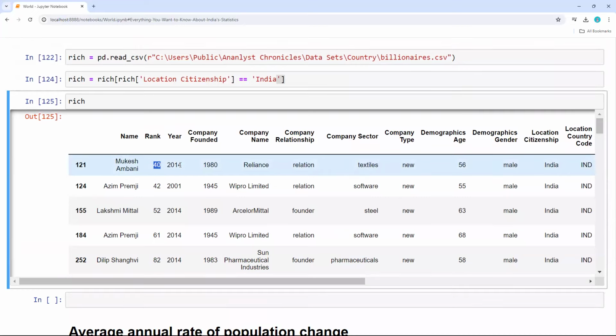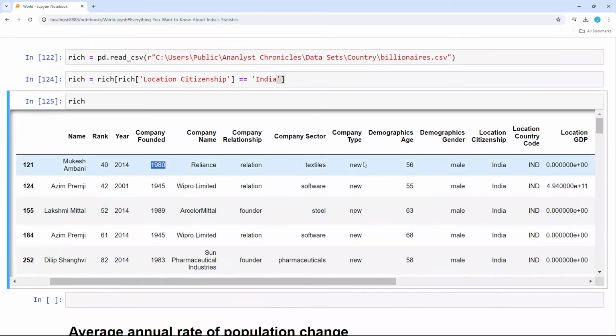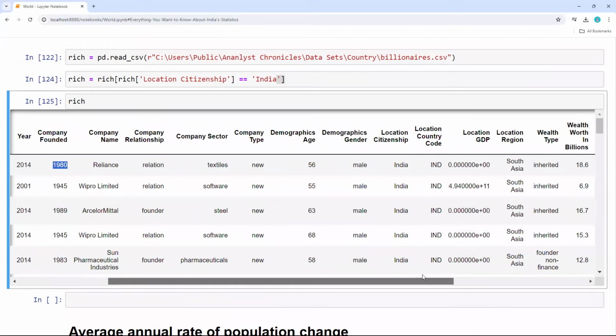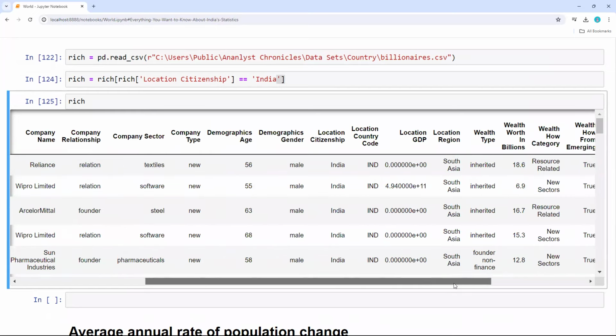This is as of 2014. Mukesh Ambani ranked 40, and the company was founded in 1980. The company name is Reliance, the company sector is textiles, and then company type and demographics: age and gender, 56 years in 2014, and location citizenship India, GDP location, region South Asia.